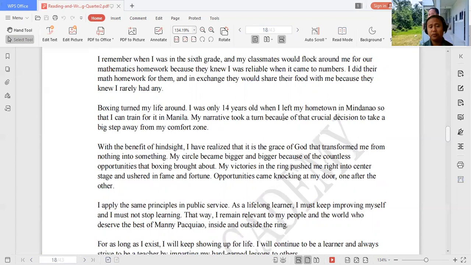Boxing turned my life around. I was only 14 years old when I left my hometown in Mindanao so that I can train for it in Manila. My narrative took a turn because of the crucial decision to take a big step away from my comfort zone. With the benefit of hindsight, I have realized that it is the grace of God that transferred me from nothing into something.